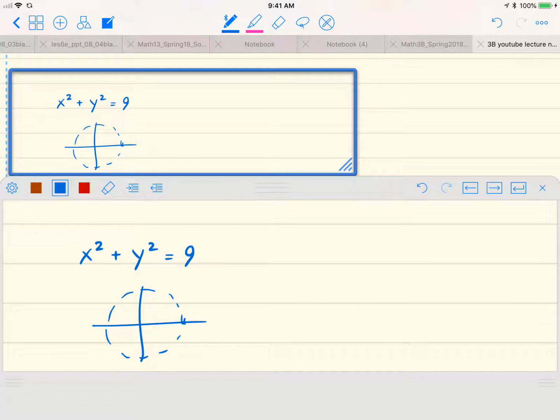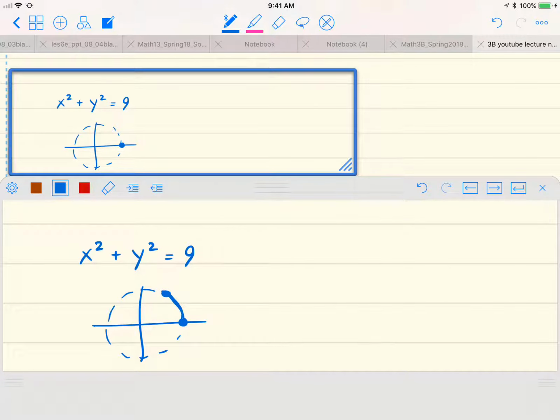And we're told that we want the part of the circle that starts at (3, 0) and stops at (3/2, 3√3/2).